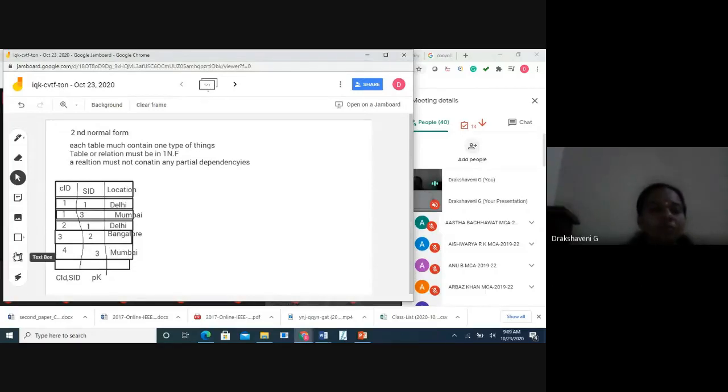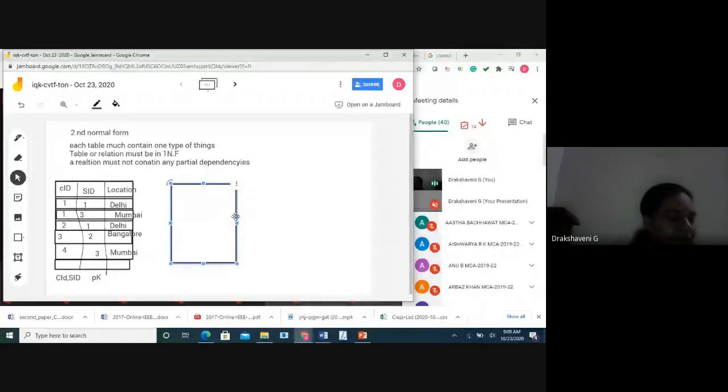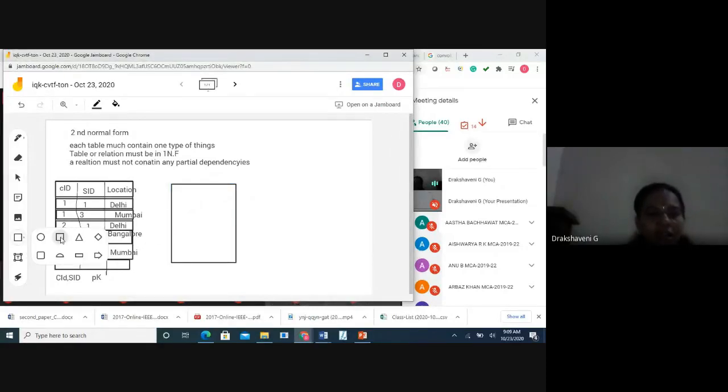So what option is left for us is to decompose. What does decompose mean? Break the table. How will we break the table? We will break this table in such a way that the storage is reduced.